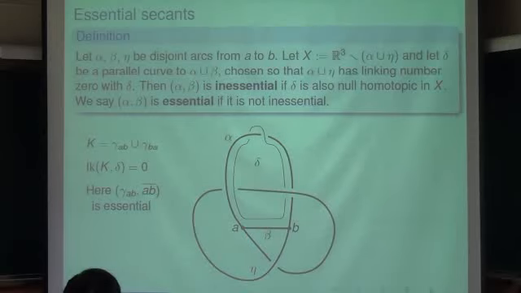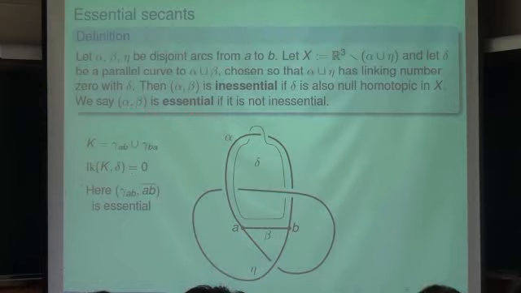Okay, so that's an interesting idea. If it's trivial, we call this thing inessential. If it's not trivial, we say it's essential. So I drew this picture a long time ago before things changed.